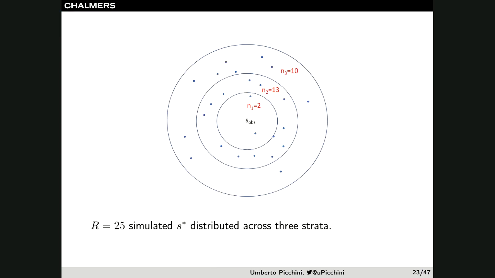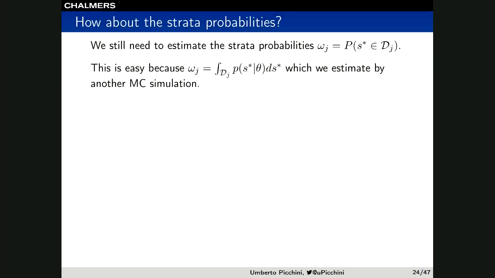So this will be graphically what happens at a certain theta. We simulate these blue points, and then we count how many fall inside each disk.